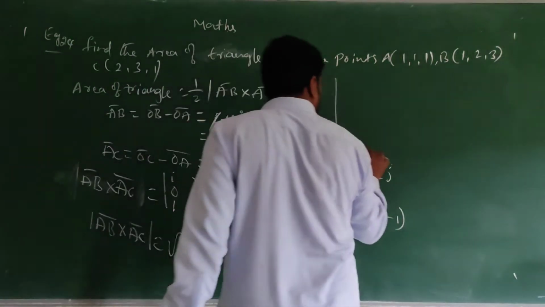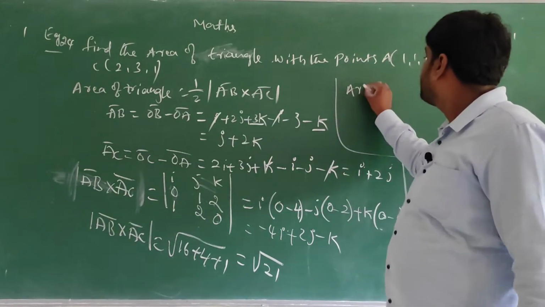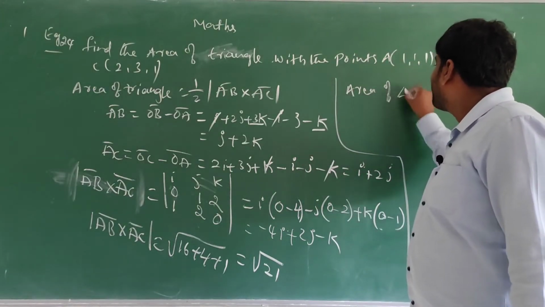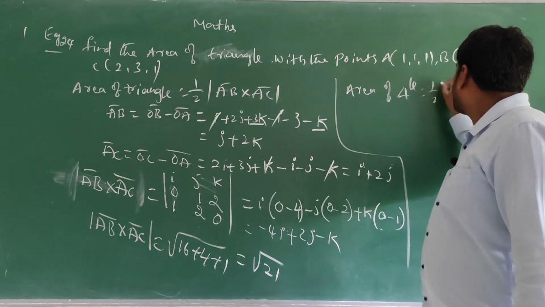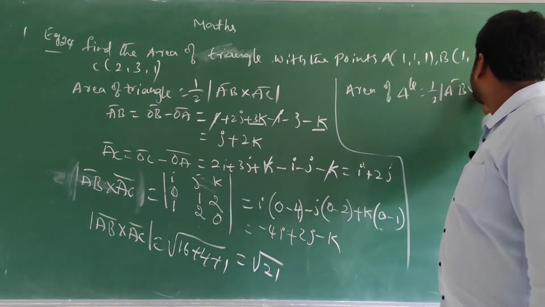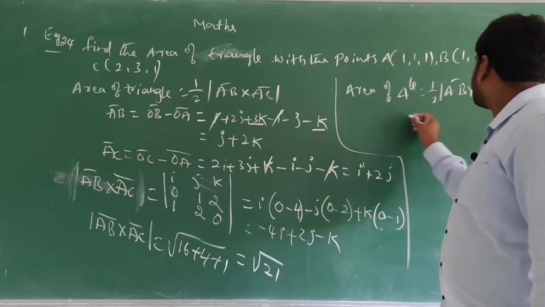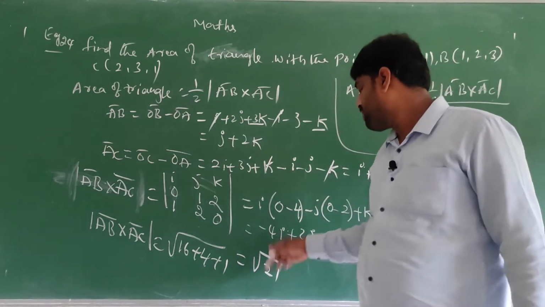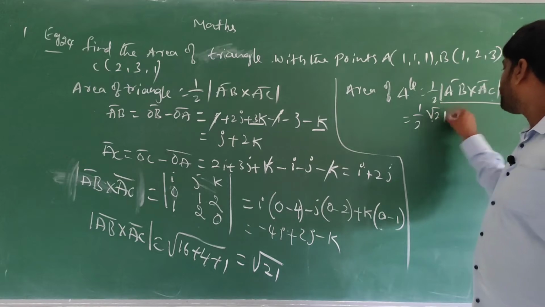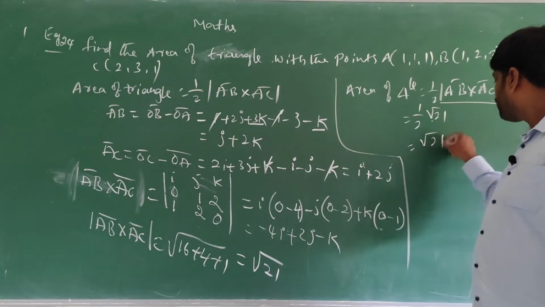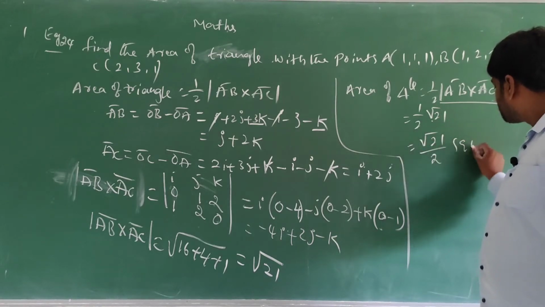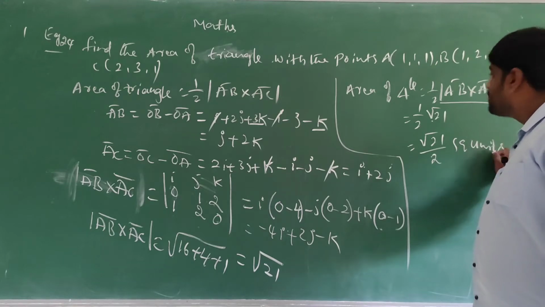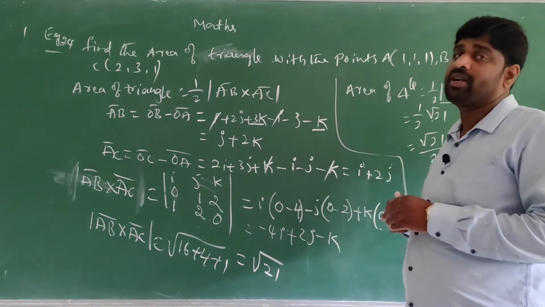The area of the triangle equals 1/2 times the square root of 21, that is square root of 21 divided by 2 square units. This is the solution for the area of a triangle when the vertices are given.